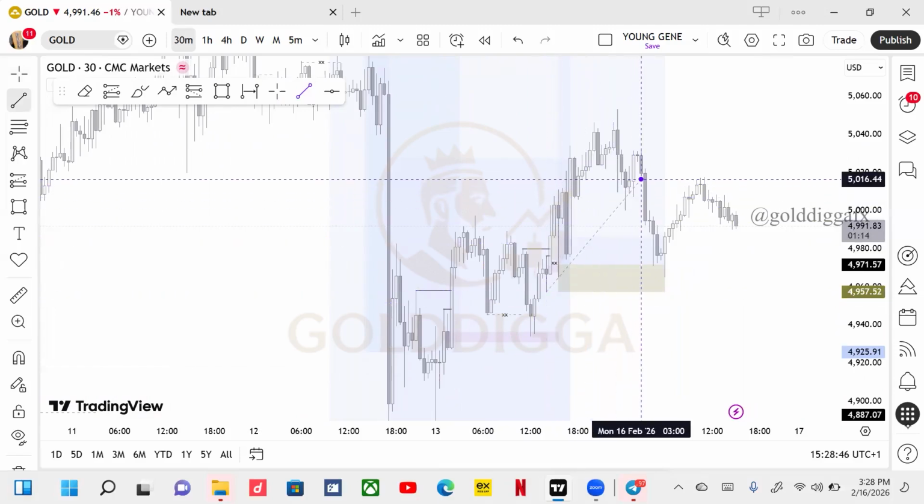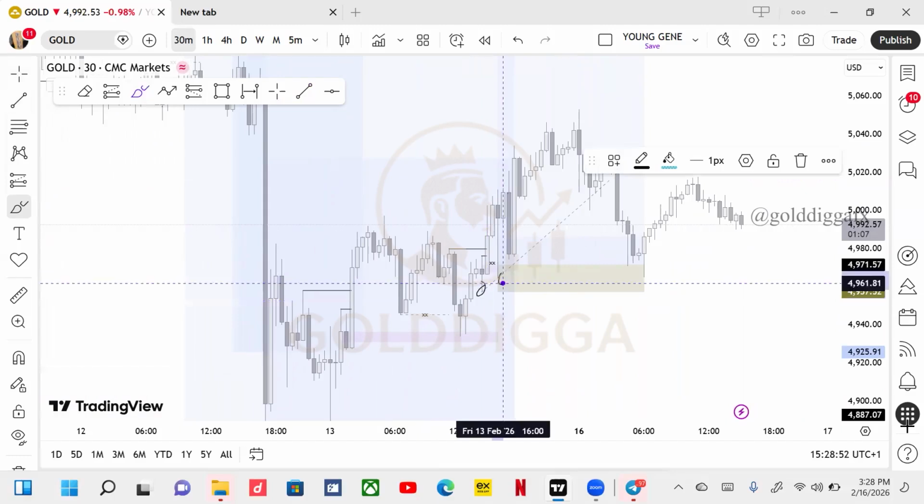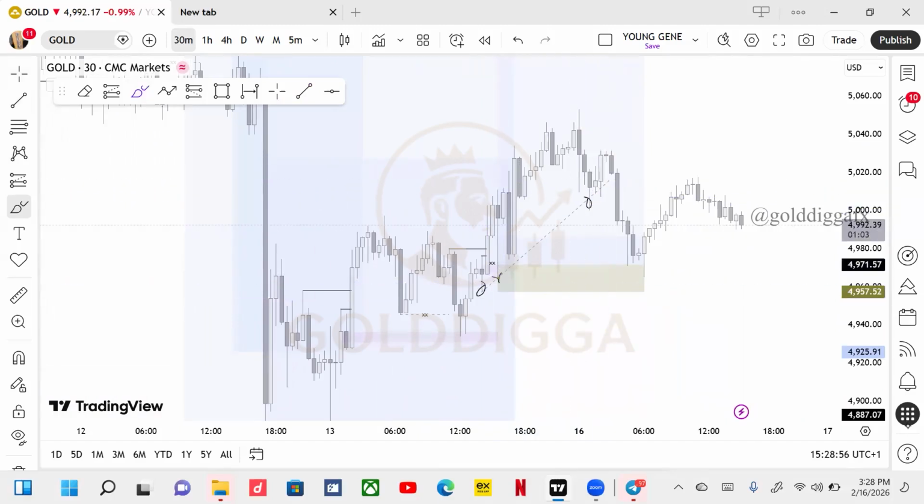You see this trend line liquidity here, this place where we have these 4 rejections. I want them out before I take any other trade, before I buy again.